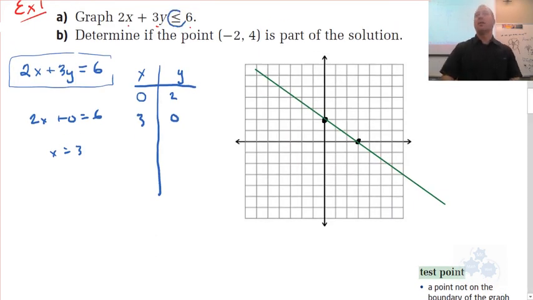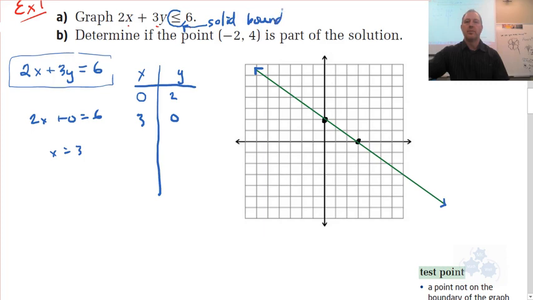So that means that the boundary line is included. So it's got to be a solid line. Okay? This "or equal to" means it's a solid boundary line. Does that make sense? "Or equal to" is a solid line. So all the points that are on the line are included.